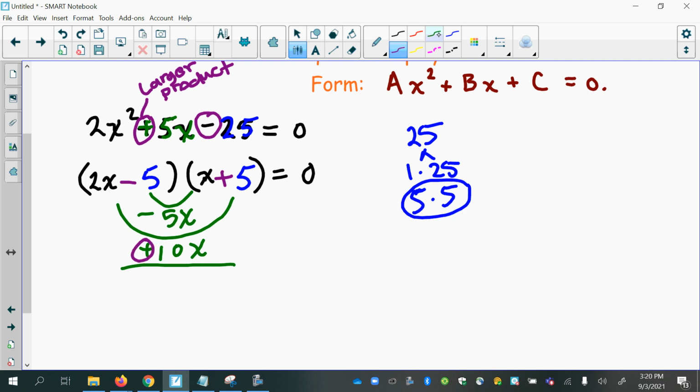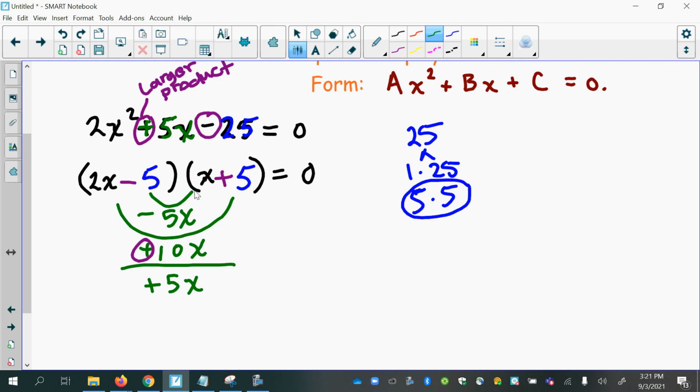And so when I add those together, positive 10x and negative 5x give me positive 5x. So that matches. And if you want to be really thorough, you could take your two terms and FOIL them back out, multiply them back out, make sure you get your original polynomial. At this point, I'm pretty confident that I've found the correct factorization here on the left.